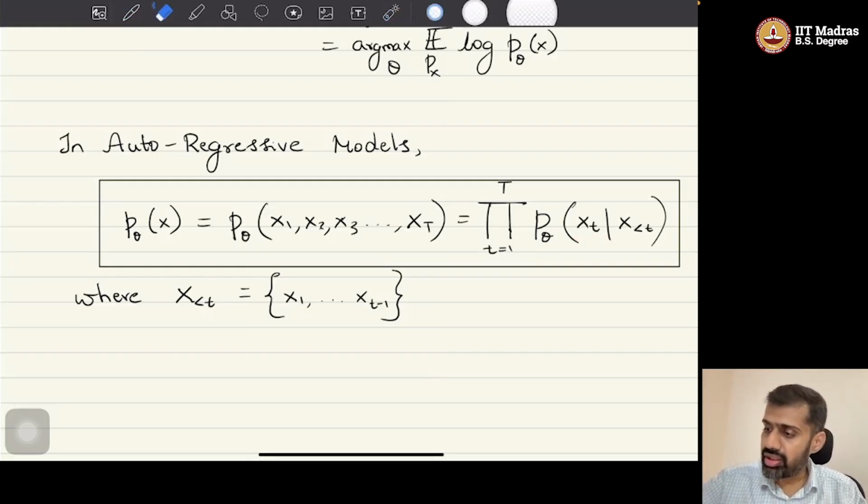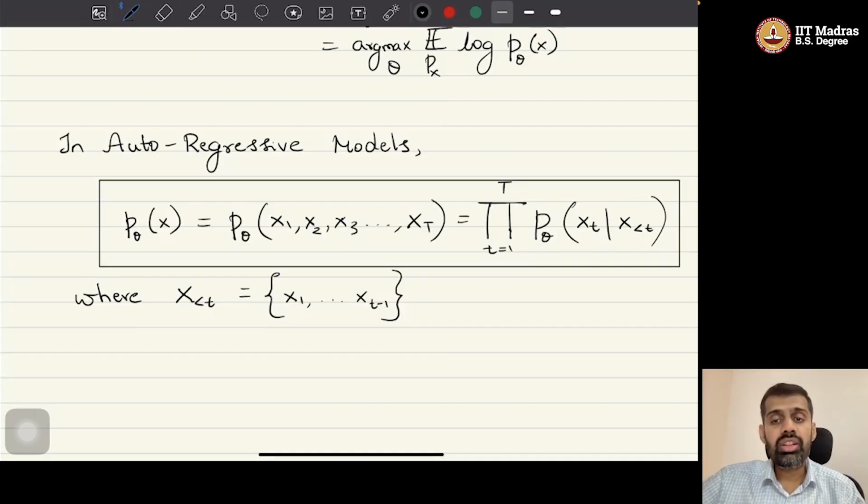One can look at sequential data as a random process as well. So what we are actually doing is modeling the likelihood of the entire sequence of a random process as a product of multiple marginals, where every marginal is the likelihood of a particular point xt, given that we have observed everything before that xt.